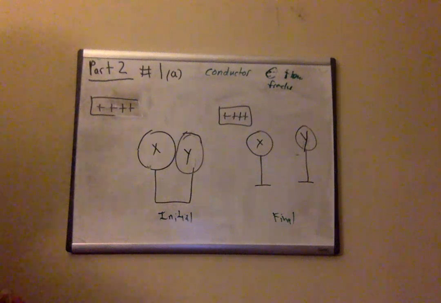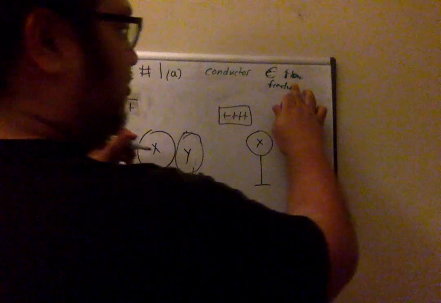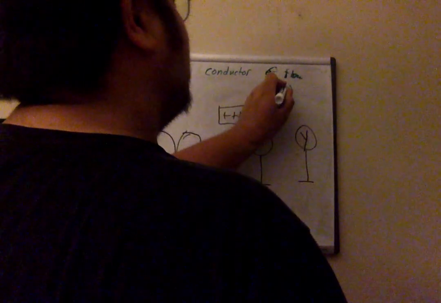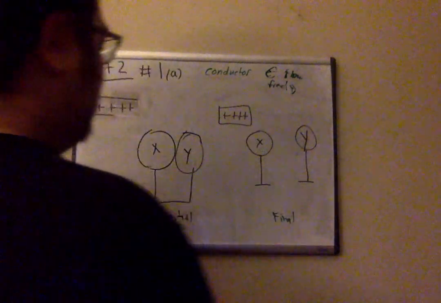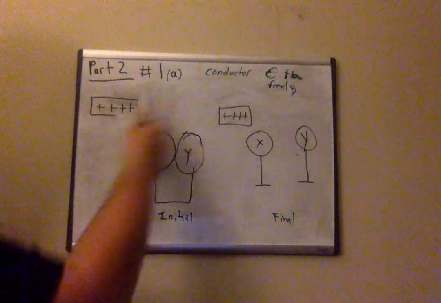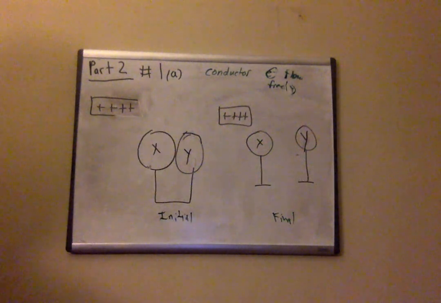And what we know about conductors is that electrons are able to flow freely within the material. Also, something we know about conductors is that the charges are normally on the outside.